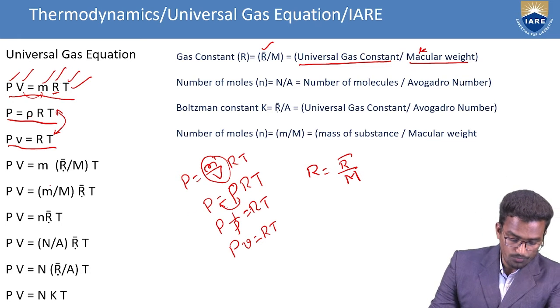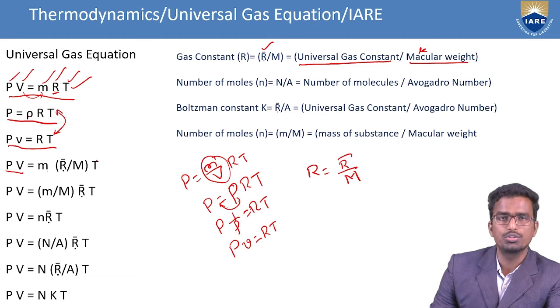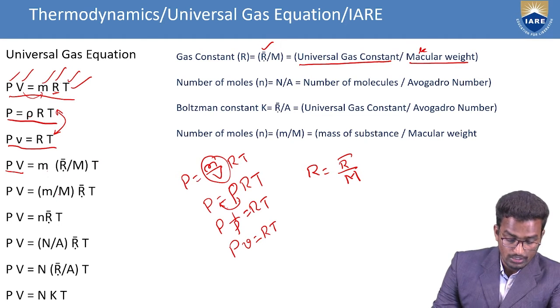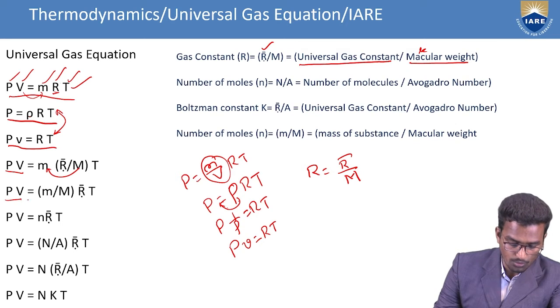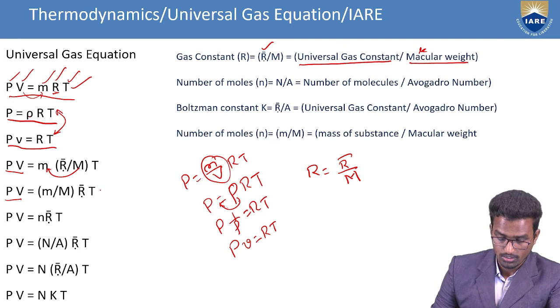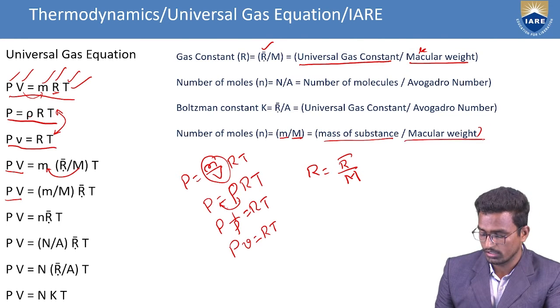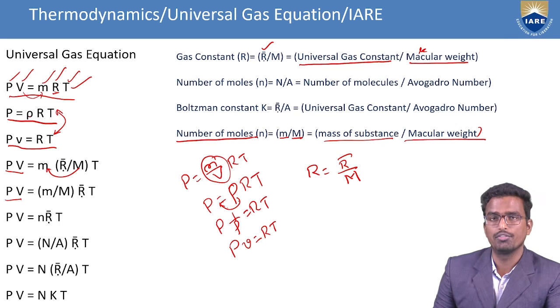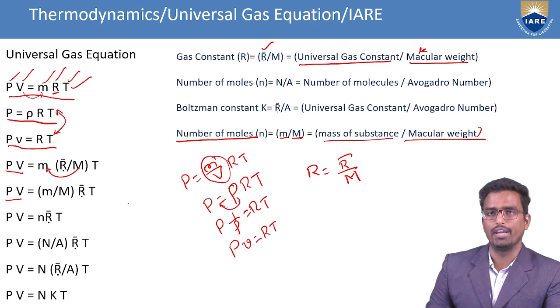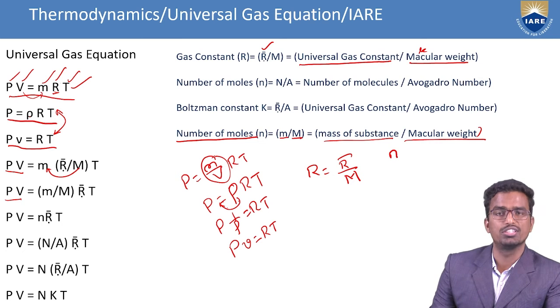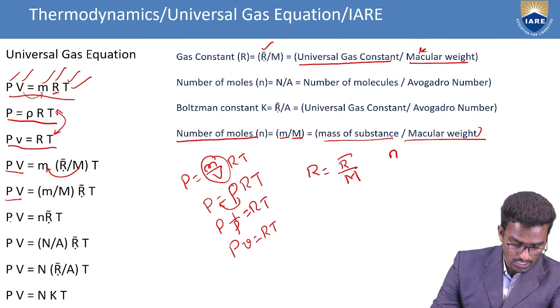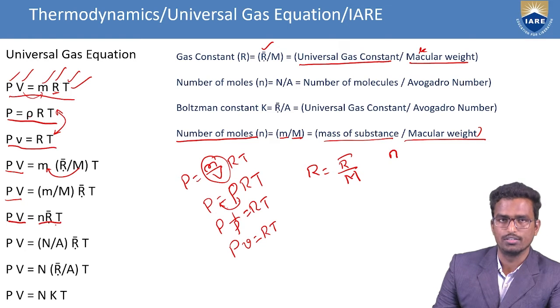So PV = m into (R bar by M) into T. Now I bring this M below the m, so PV = (m/M) R bar T. The small m by capital M, mass of the substance by molecular weight, is the number of moles. So you can write PV = N R bar T, right?